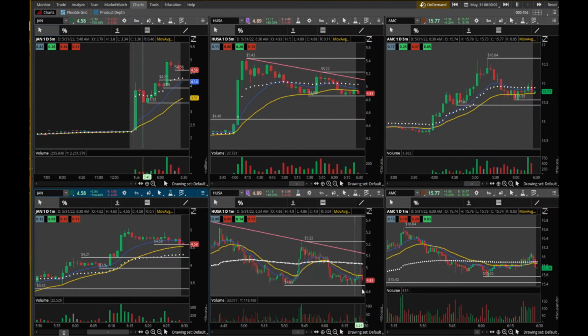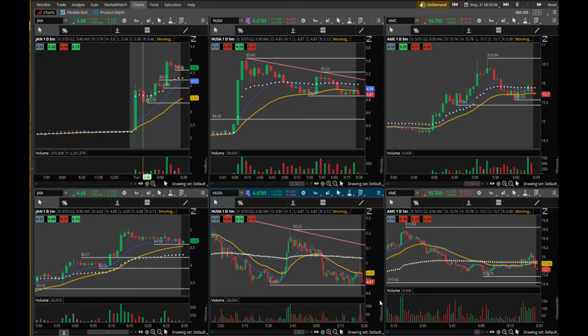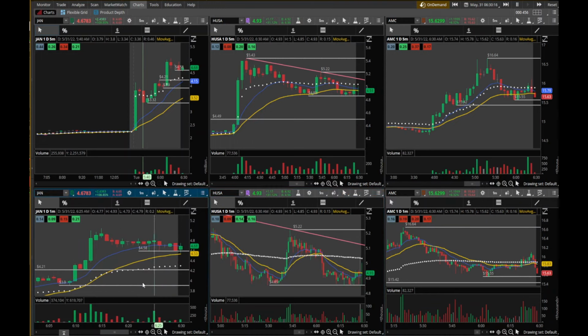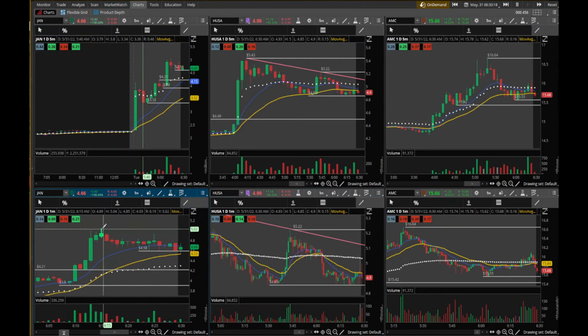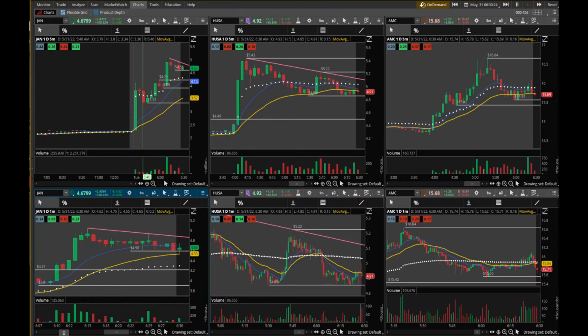All right, the market's open. Let's see what kind of opportunity we get here today. I see HUSA here still playing around at this support level.